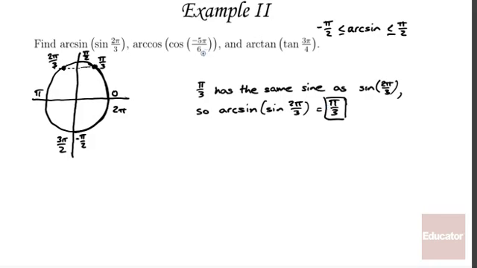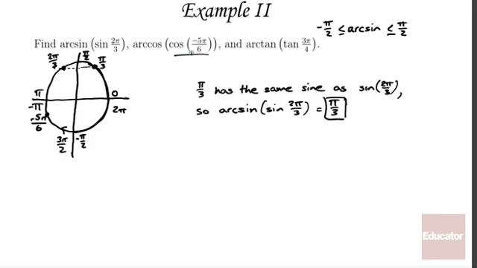Negative 5 pi over 6. Well, negative pi is over there, so 5 pi over 6 in the negative direction puts you over there. There's negative 5 pi over 6. We want an angle whose cosine is the same as the cosine of negative 5 pi over 6.